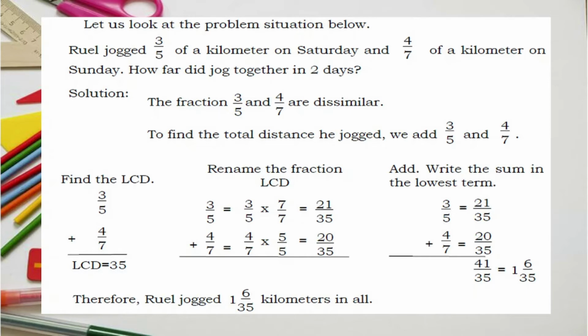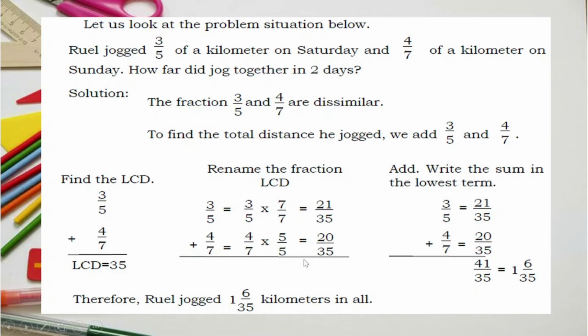Since the fractions 3/5 and 4/7 have different denominators, they are dissimilar fractions. Ang tawag sa magkaiba ang denominator ay dissimilar fractions. We are going to find the total distance he jogged when we add 3/5 and 4 over 7.